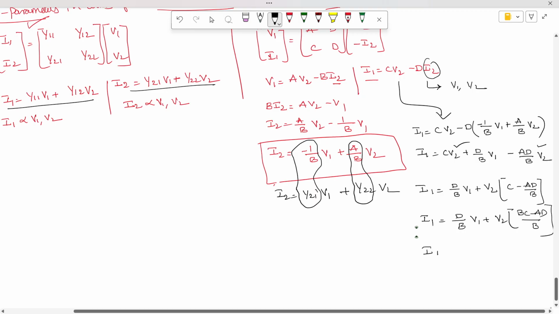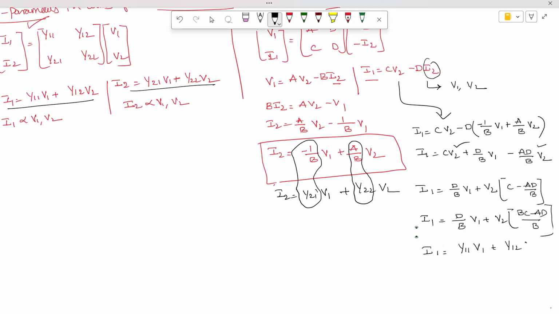Compare with the standard expression. I1 is equal to Y11 V1 plus Y12 V2.